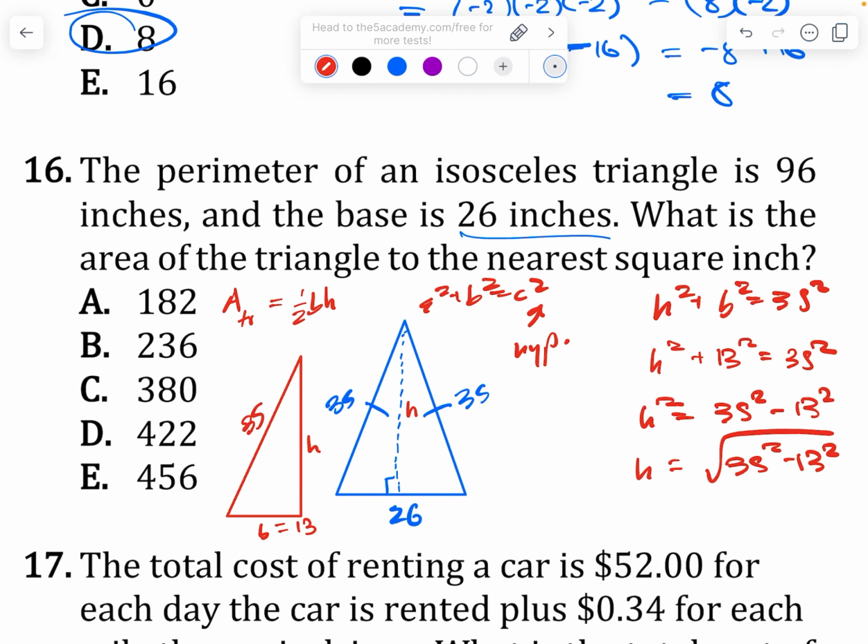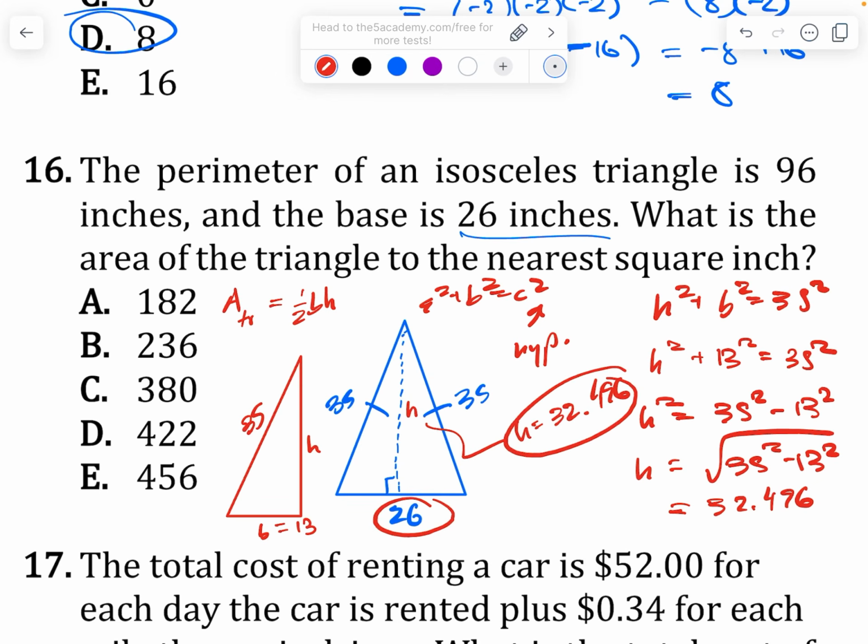Now you can evaluate all that, 35 to the second minus 13 to the second, all to the half. Ends up giving you 32.496, okay? Now, that's not your answer. Your answer is what's the area. So I need to now find the area, knowing this here, right? h equals 32.496.